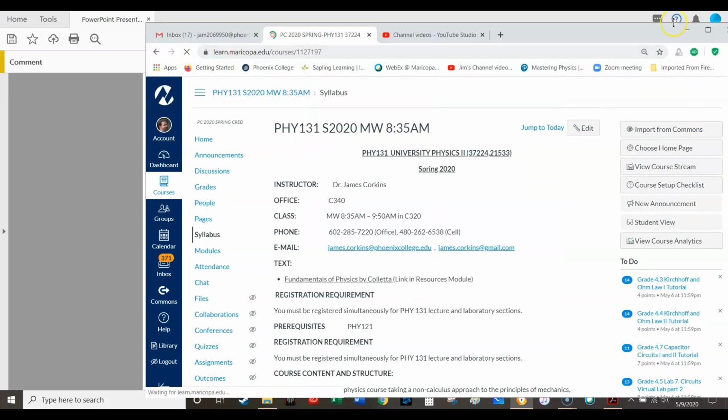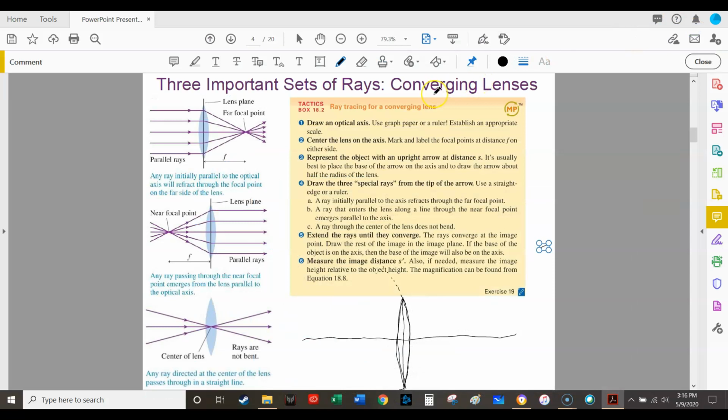That big circle has a center and a radius here. But again, the focal point occurs at half the radius. Remember that? The focal point occurs at half the radius of the circle.